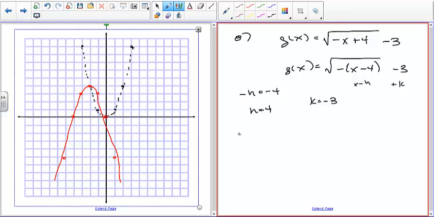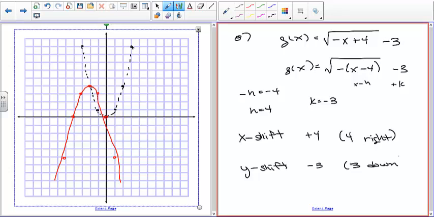So what we can say is the x shift is going to be plus 4, or 4 to the right, and the y shift is going to be -3, or 3 down. Okay. And this negative inside, this negative here, means y-axis reflection.